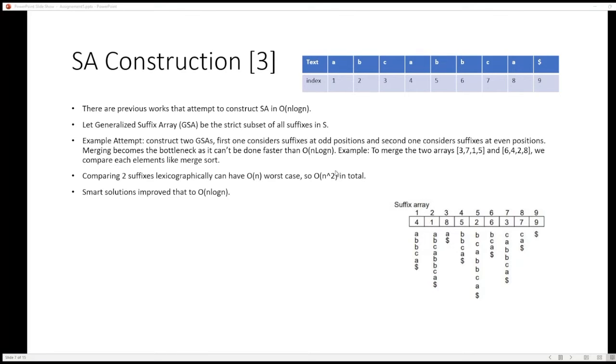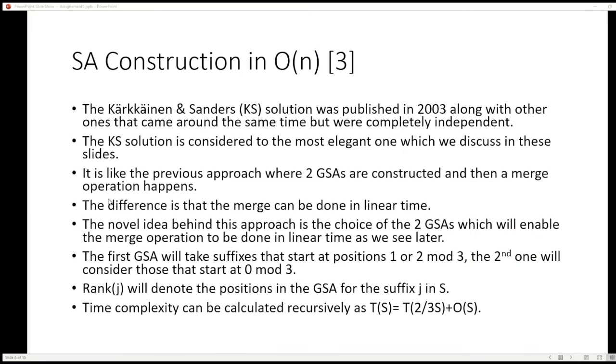A lot of work has been done to improve this, and a lot of smart solutions were able to improve this to n log n. However, the choice of the generalized suffix array is very important in determining what is the best solution that can be achieved, as can be seen in the next slide.